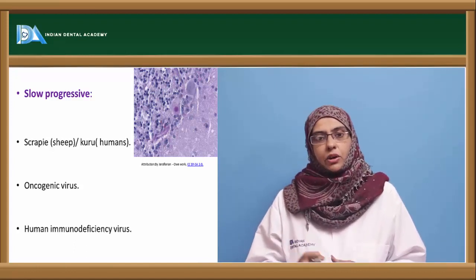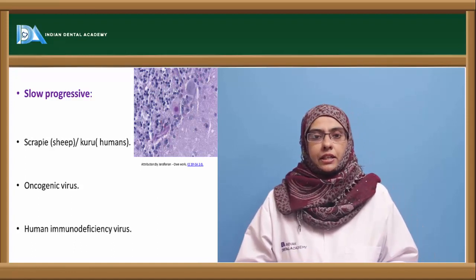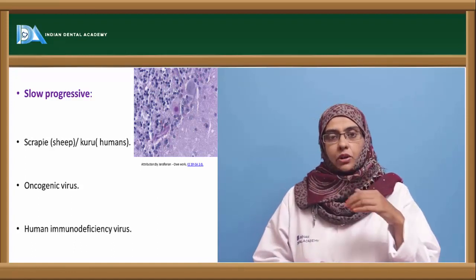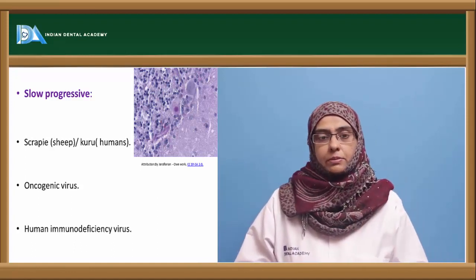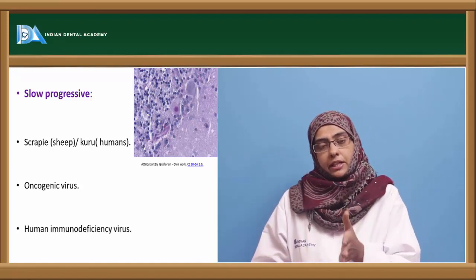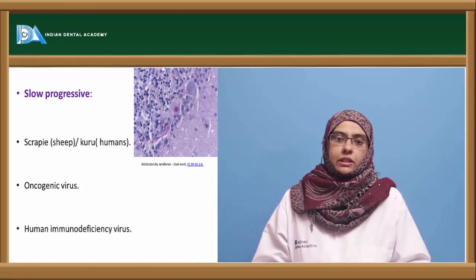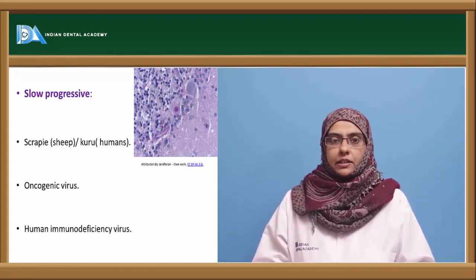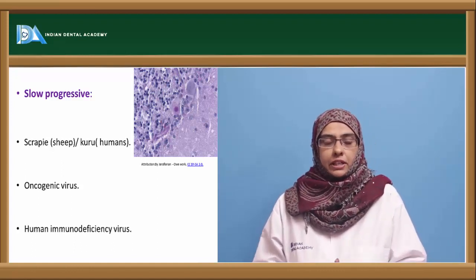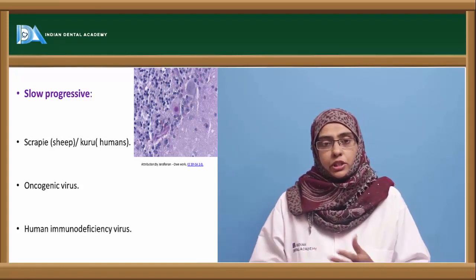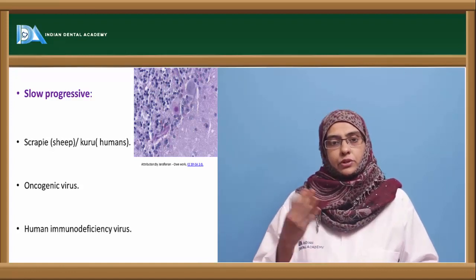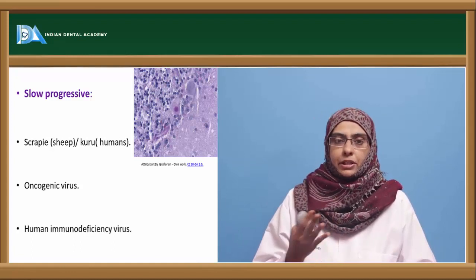Next latency is by the oncogenic viruses. Here it takes nearly months or years together to show up the symptoms, and this depends again on the immunocompetency of the individual, that is, whether the person is very healthy or very weak in his immune system. So depending upon that, the oncogenic virus usually shows the latency and appearance of the symptoms.